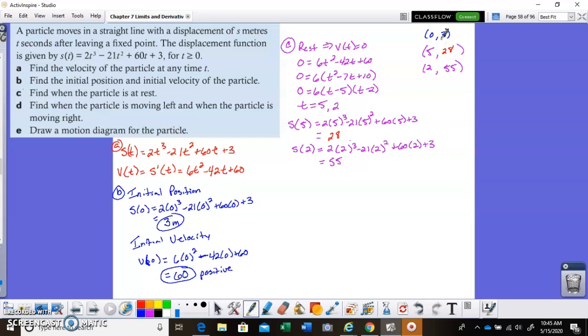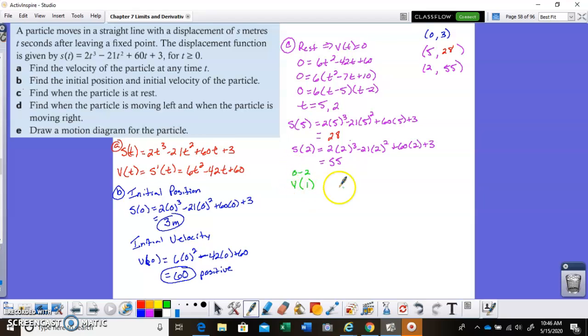Alright, so then we want to find out when the particle is moving left and when the particle is moving right. Well, basically, that's going to happen in between the rest sections. So we start at 0, and it goes to rest at 2 seconds. So we find out the velocity at 1 second, because that's in between 0 and 2.